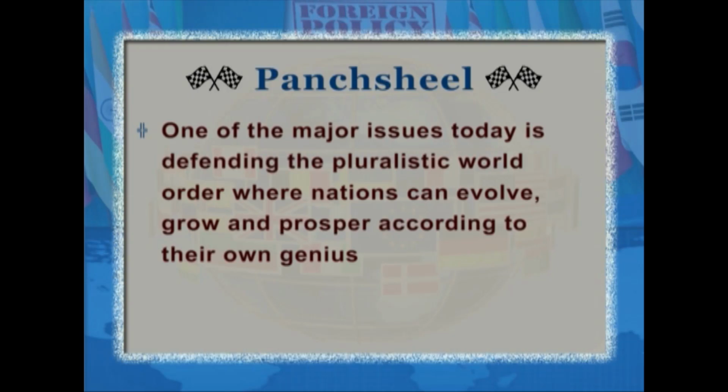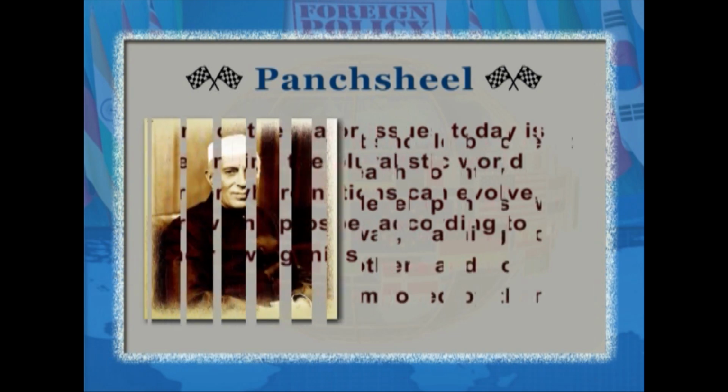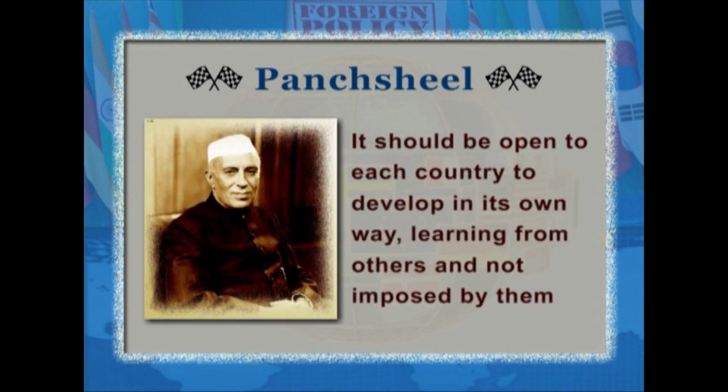One of the major issues today is defending the pluralistic world order where nations can evolve, grow and prosper according to their own genius. Jawaharlal Nehru observed in the 1950s that it should be open to each country to develop in its own way, learning from others and not imposed by them.